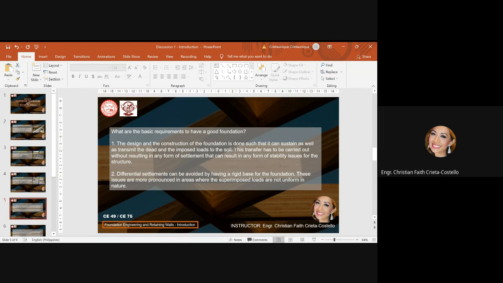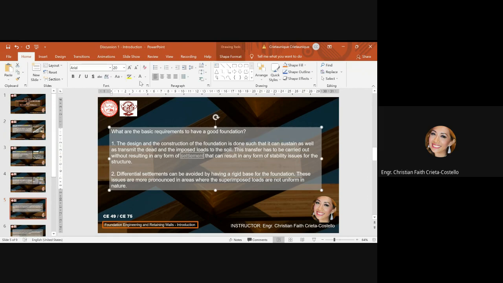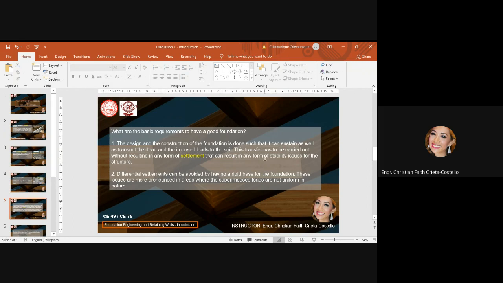This transfer has to be carried out without resulting in any form of settlement that can result in any form of stability issues for the structure.